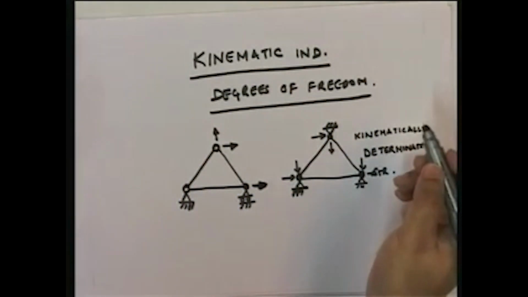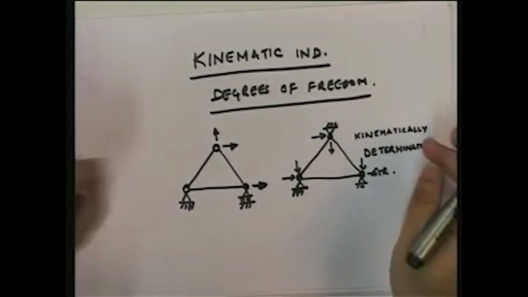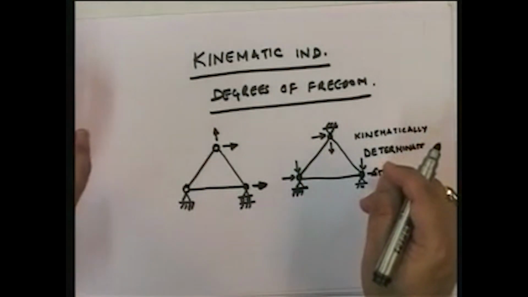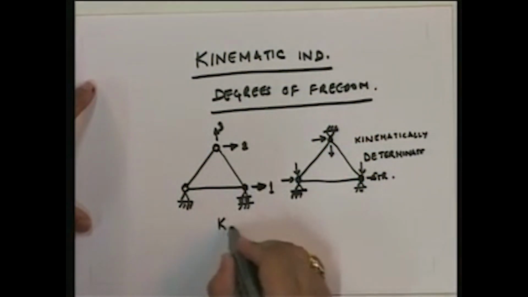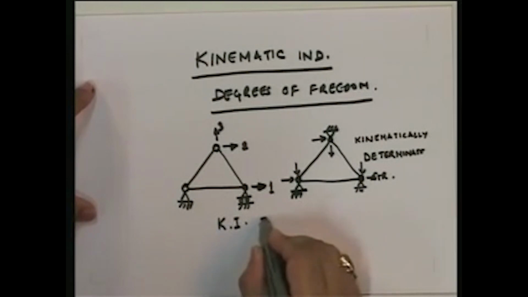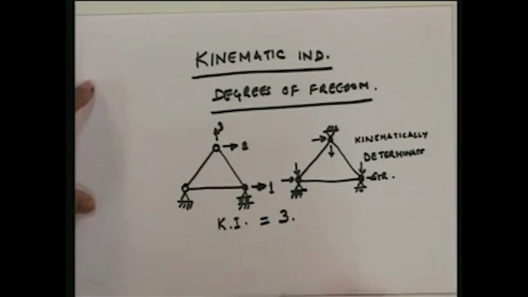So now, how many degrees of freedom, or what is the kinematic indeterminacy of this structure? 1, 2, 3. So the kinematic indeterminacy of this structure is equal to 3. Simple? Yes, very simple.